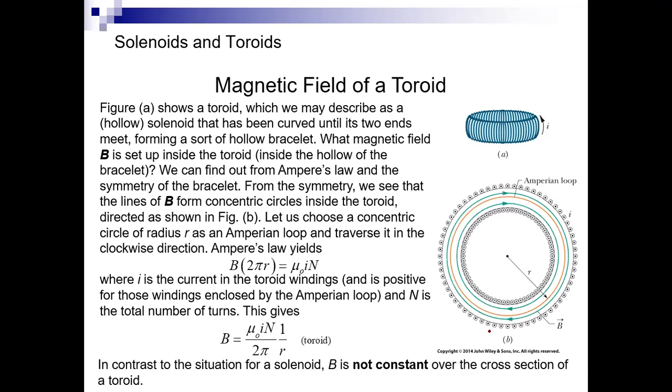The magnetic field of a toroid. There is a difference between solenoid and toroid. We have given this solenoid shape a circular form, so that we can now find the magnetic field due to this toroid. What difference is found when we adopt the shape of the solenoid into a toroid?